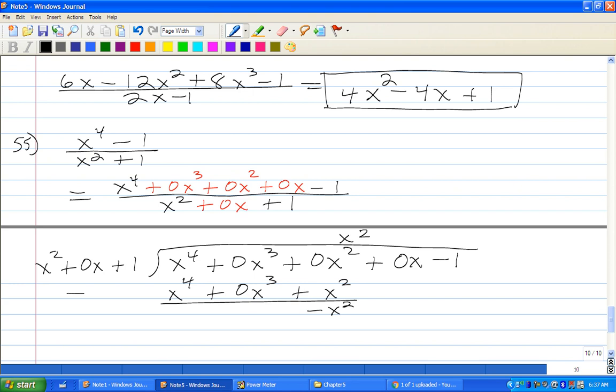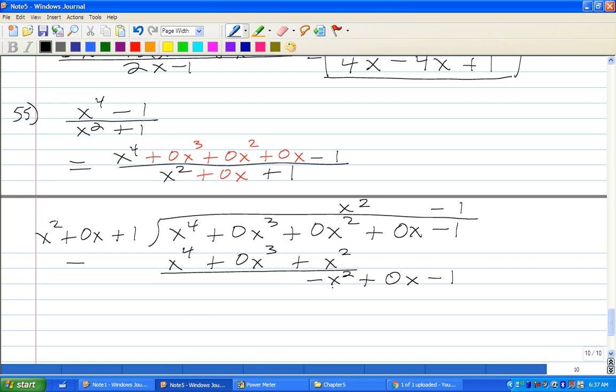Notice that in this case, I have 3 terms in the divisor. So let's bring down a sufficient number of terms so that there are 3 terms in what I'm going to divide. Negative x squared divided by x squared is a negative 1. And so I have negative x squared minus 0x minus 1.